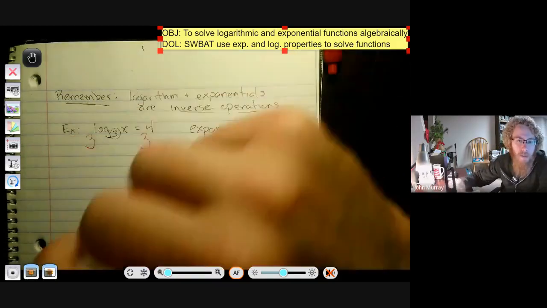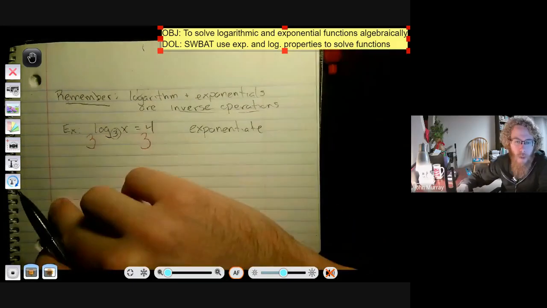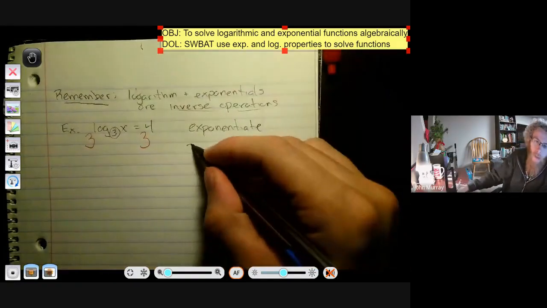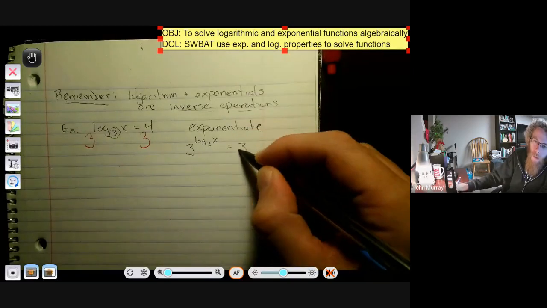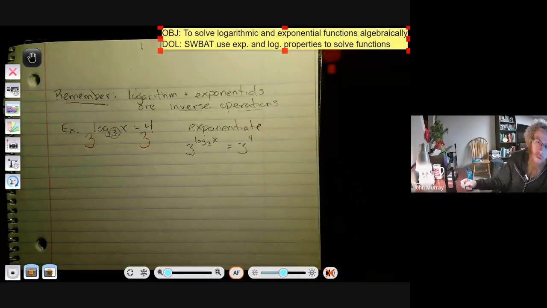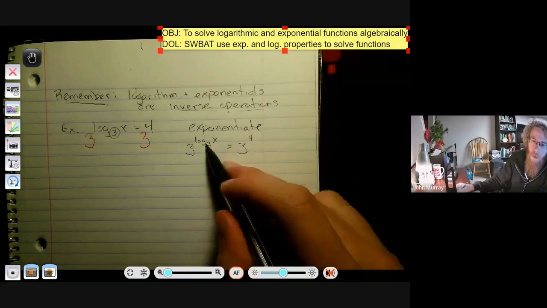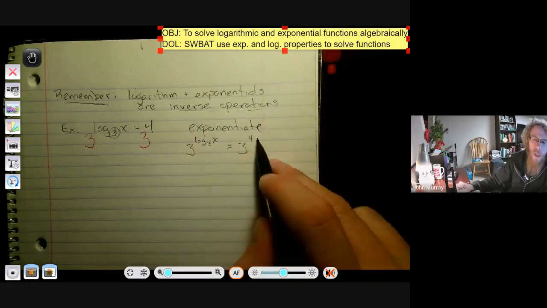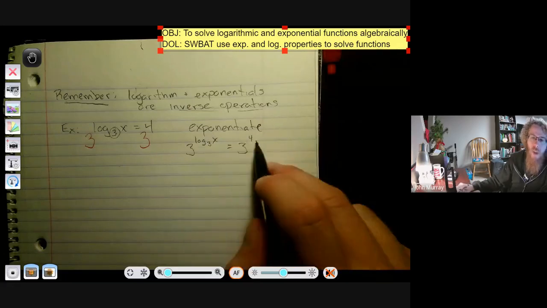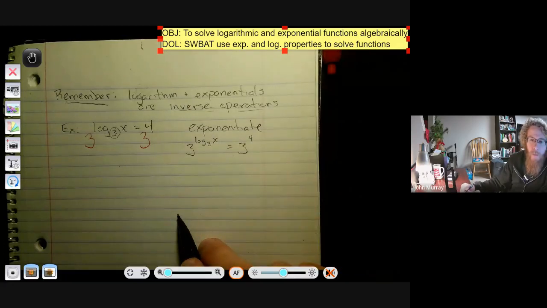Now, if you don't have the room to do that, you would just rewrite it: 3 to the log base 3 of x equals 3 to the 4th. Whatever your old equation was, that's going to be on either side as your exponents.